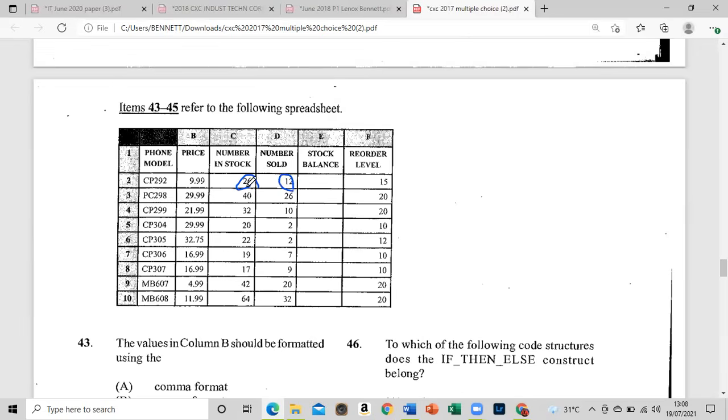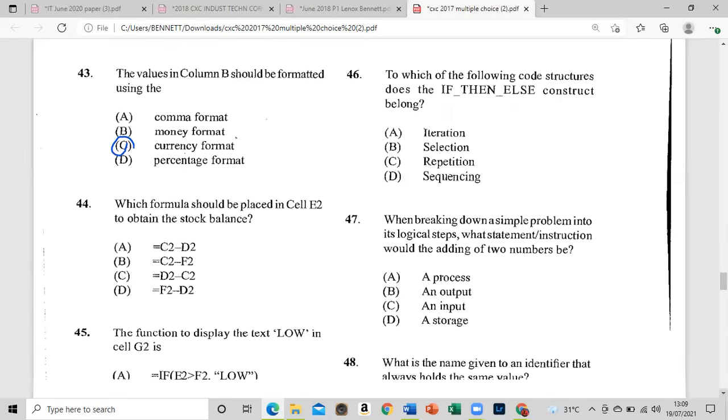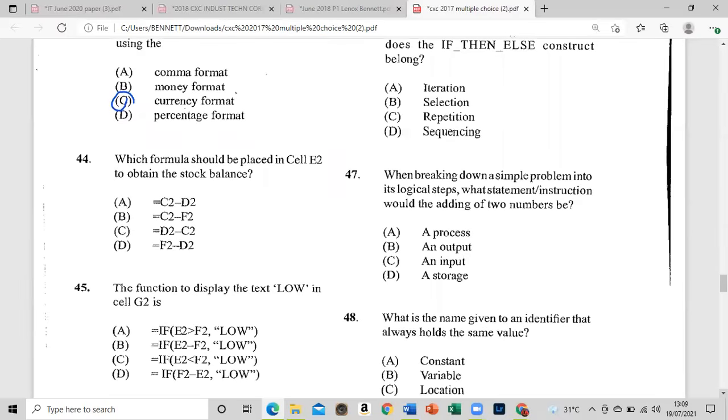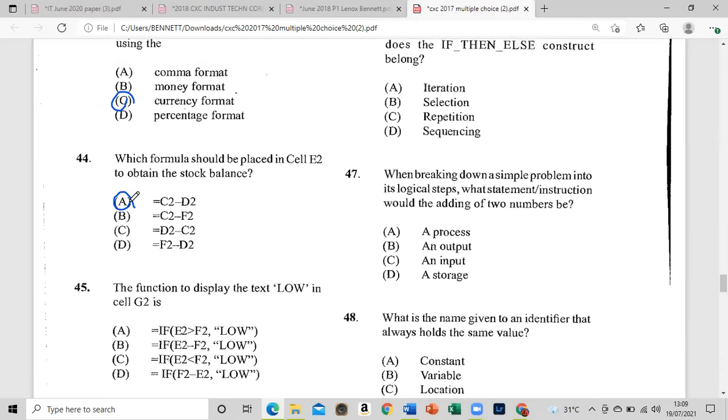So this is C2 minus D2. Let me see if that is the option. And that's option A. So 44 is A. Let's go on to 45.